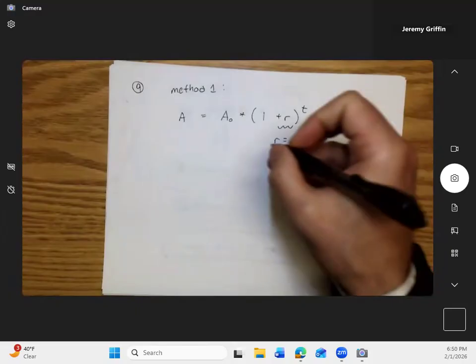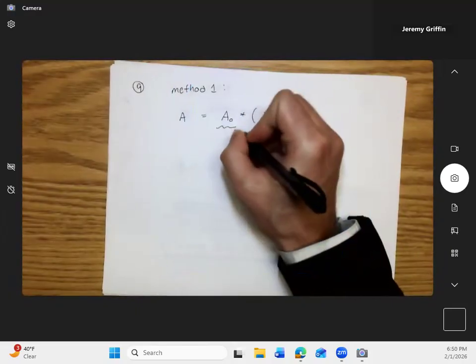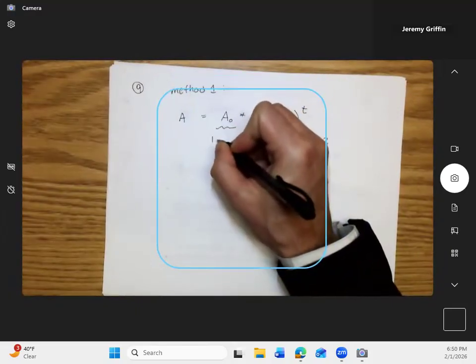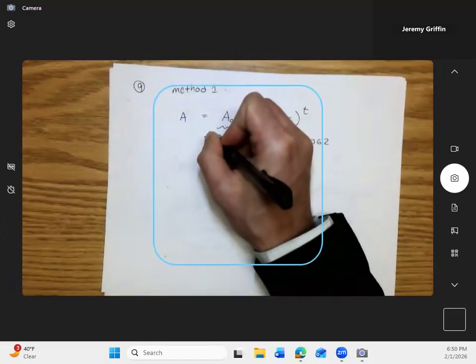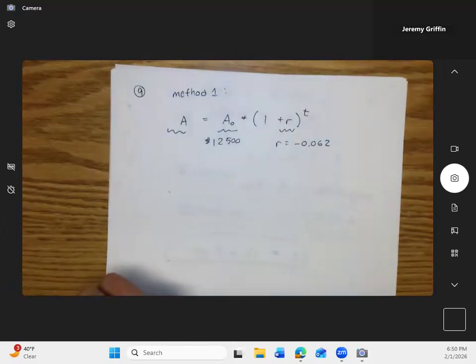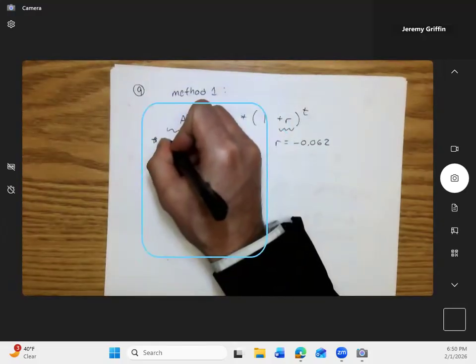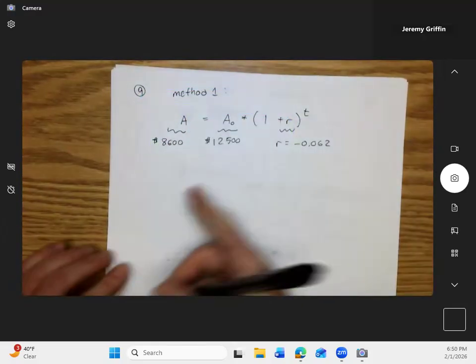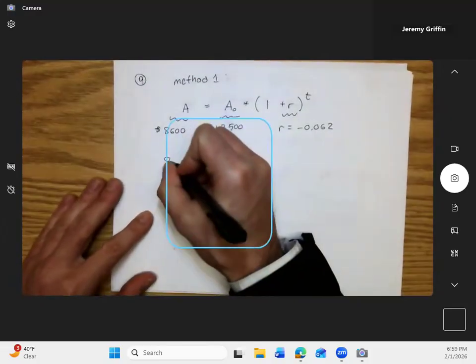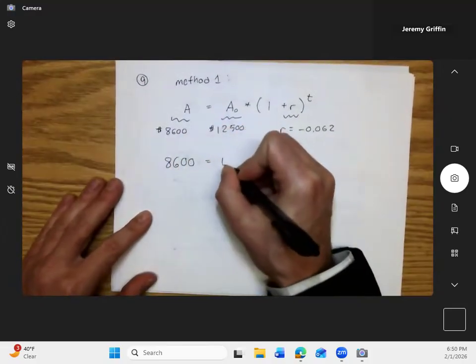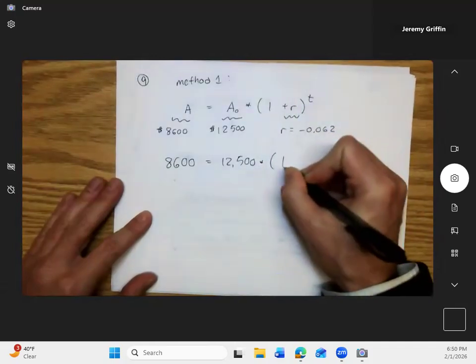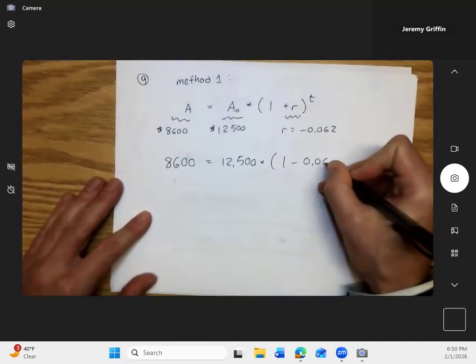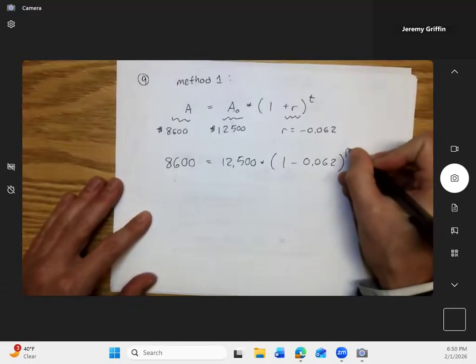They told us the original value was $12,500, and now it's only worth $8,600. So we have a nice equation here. We got 8,600 equals 12,500 times 1 minus 0.062 to the t, and we can solve for t.